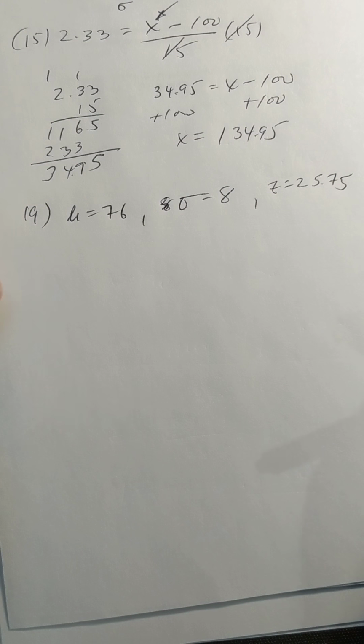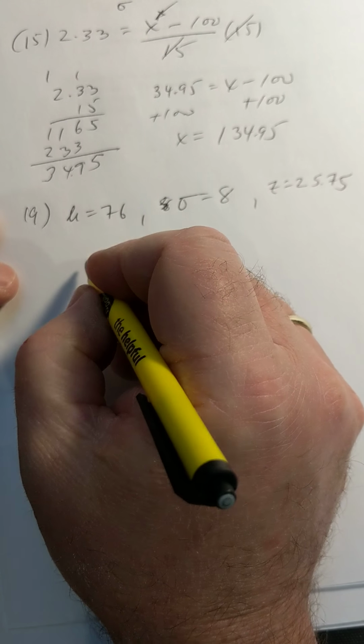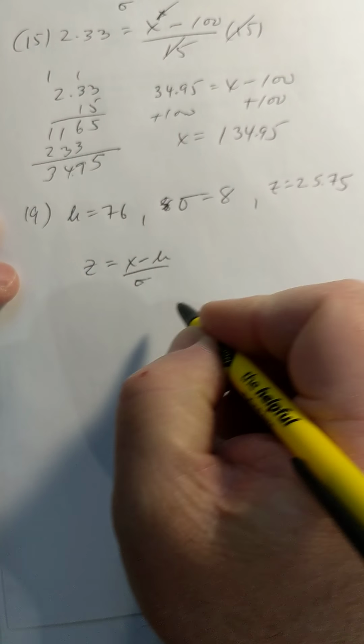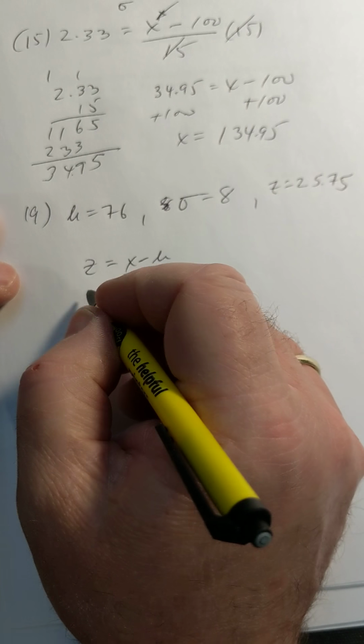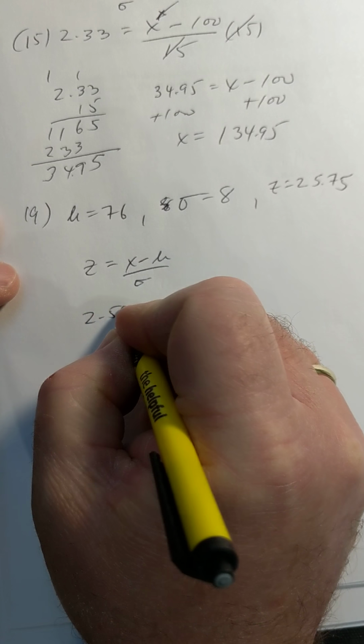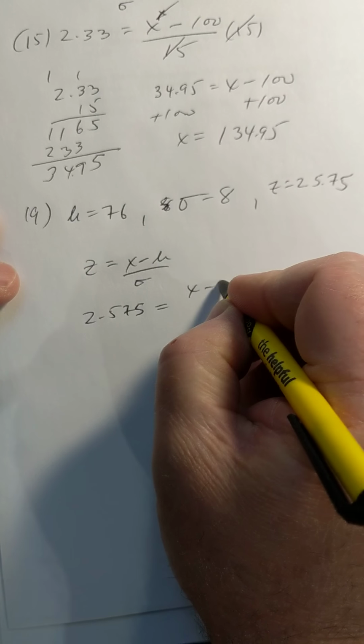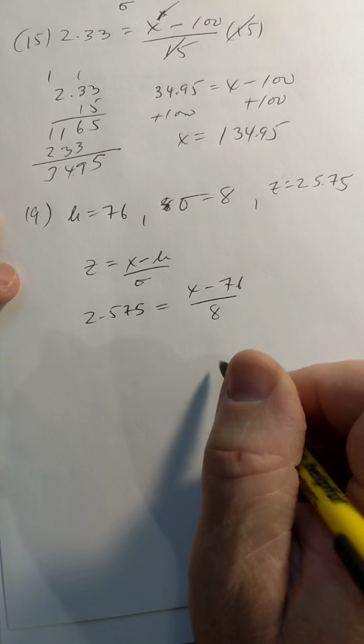All right, same process here. We know that our z formula is found this way. So we have 2.575 equals x minus 76 over 8.